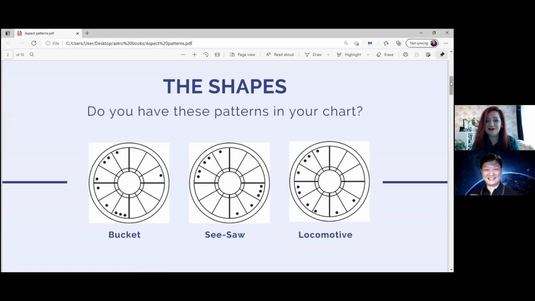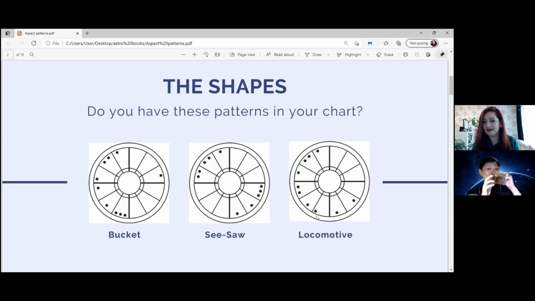And then we're also going to see that it's sometimes very hard to distinguish one type from another, especially when talking about the bowl and the locomotive, for example. Even though this is very easy to see and to distinguish because the bowl would be stopping here, these wouldn't be included.